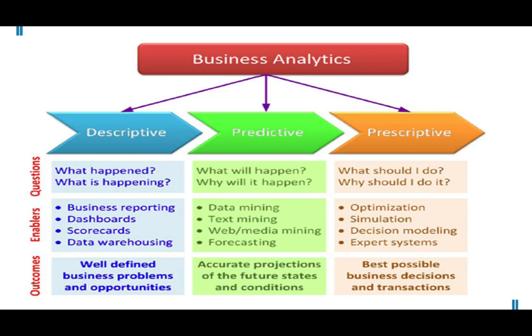We would require, as I told you, to know what will happen and why will it happen, what should I do and why should I do it this way, to optimize. So we need more modeling, decision modeling, expert systems, the best possible business decision and the transaction to be done in the future, which would definitely require data modeling.